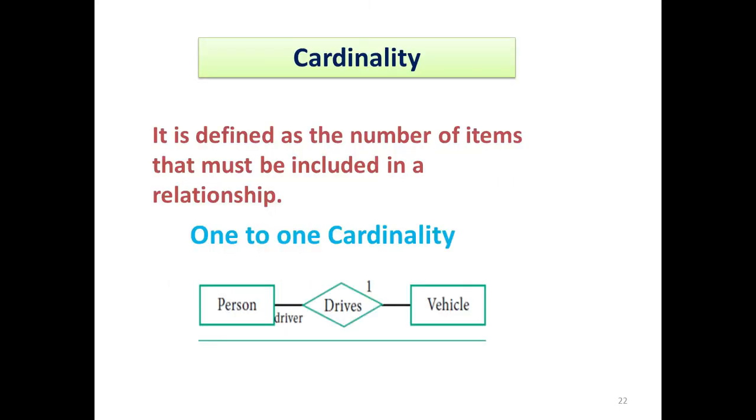Okay. Then cardinality. What is cardinality? Two more questions. It is defined as the number of items that must be included in a relationship. First, cardinality one to one. For example, if you drive a car, the driving person, car driver, vehicle, any type. That's an example of one to one cardinality. Once again, if you drive a car, the driver is a person and the vehicle is the object.